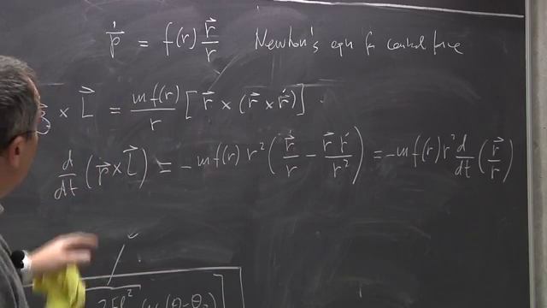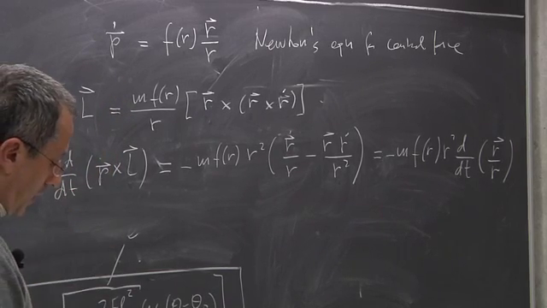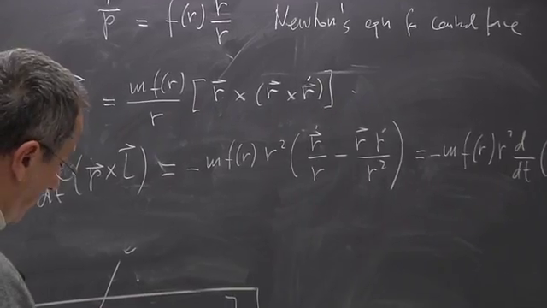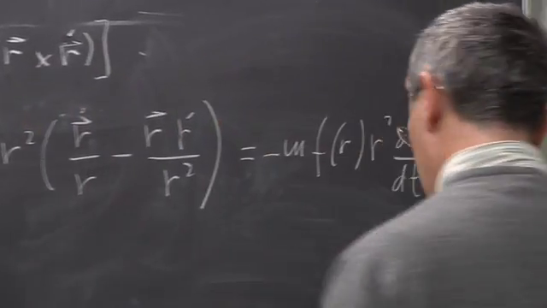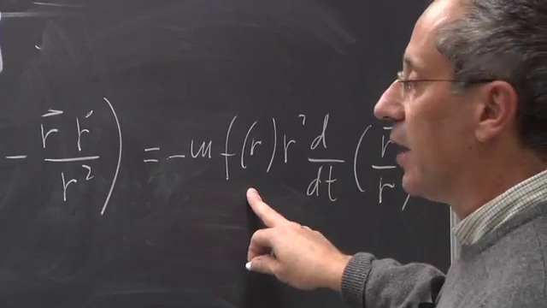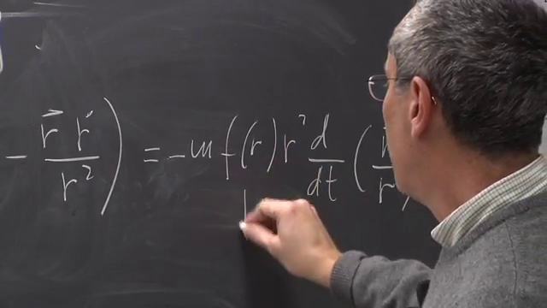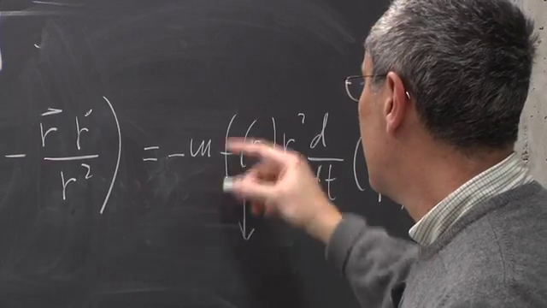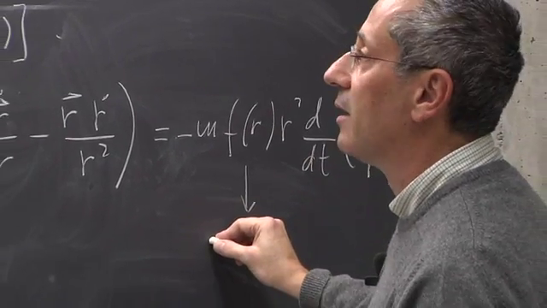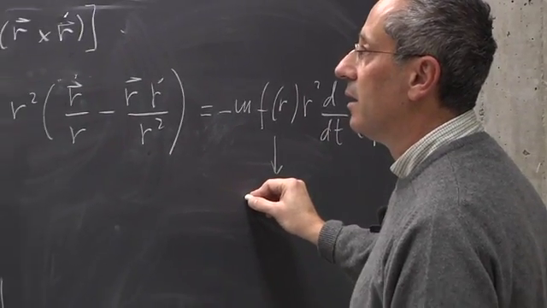So you have identified a combination that is going to be a constant if I plug in the special case of Kepler's, in which this f(r) is just what?